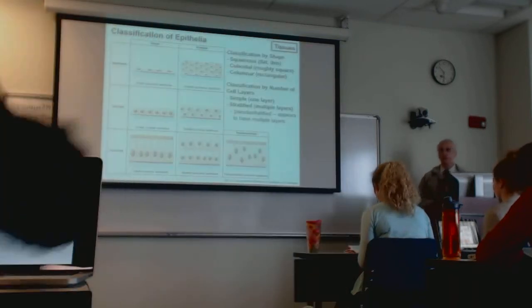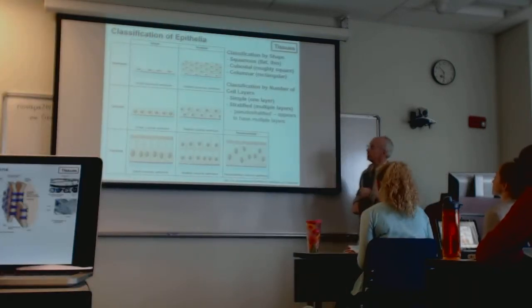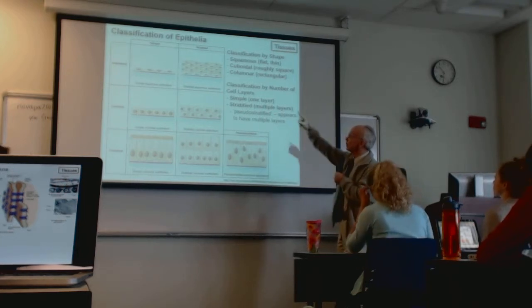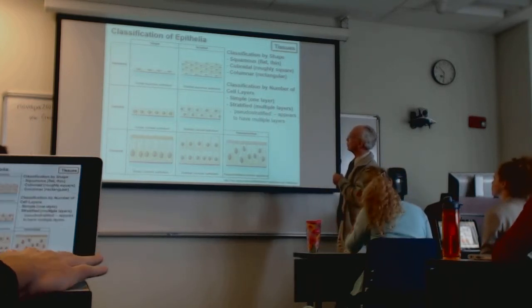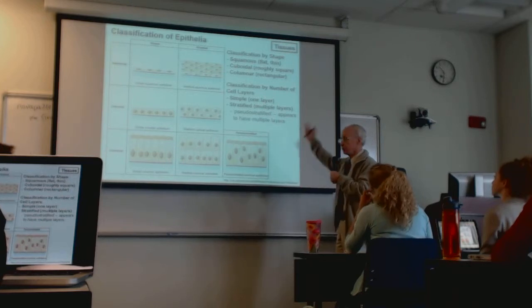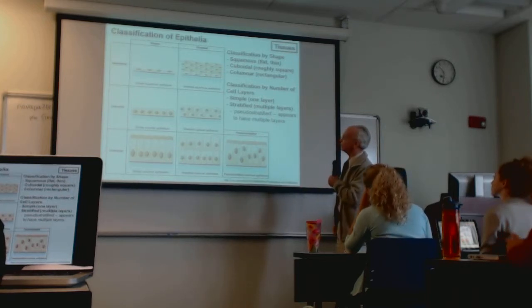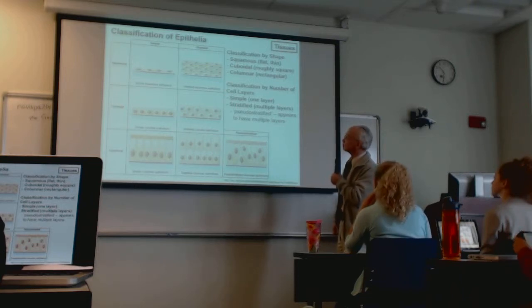So any questions about cell junctions? I think that, again, you'll see why it's worth knowing a little later in your clinical coursework. But let's talk a little bit about classification of epithelia, since that's what we're looking at now. Classification of epithelia is quite trivial, but you do need to know it because it's relevant in the literature.